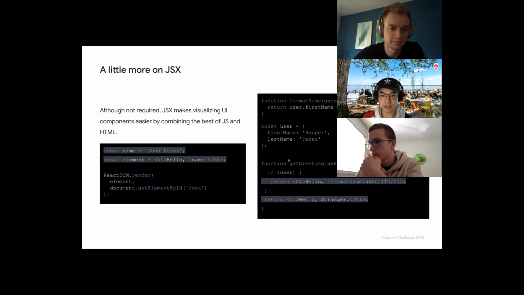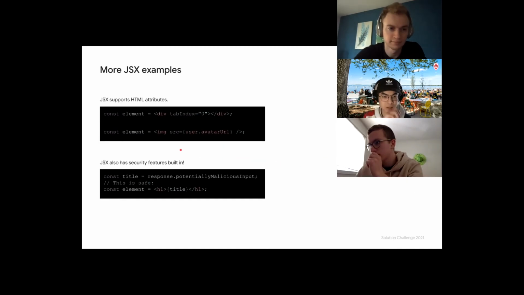And yeah, you can also create functions that return the elements. So you can make your UI functional, basically. And some more examples of JSX is that it also supports HTML attributes, like source, the image tag source, or the tab index.